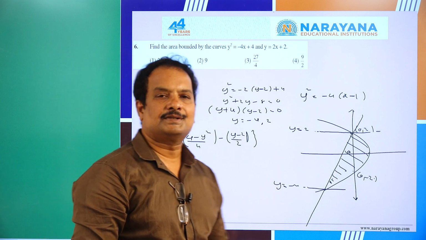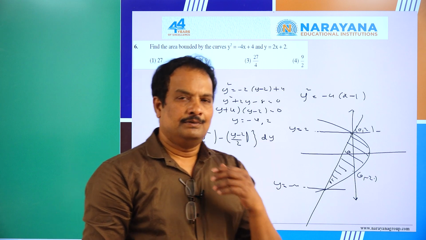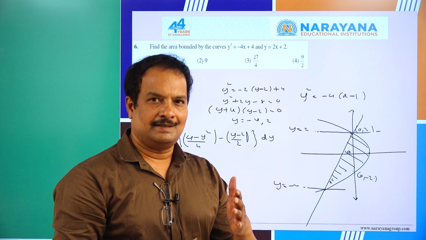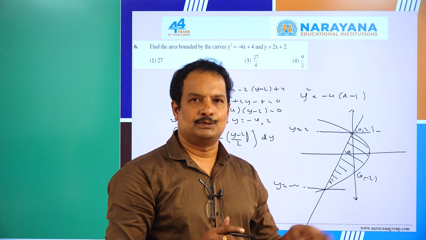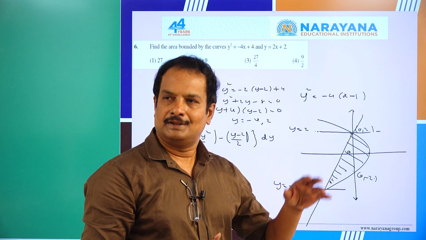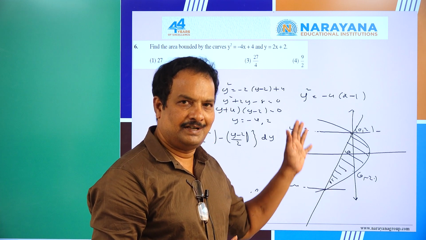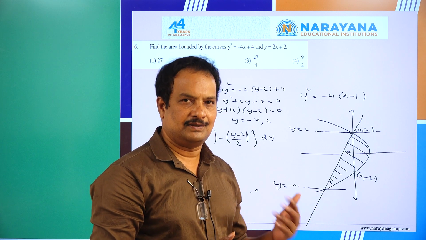So this is what you are supposed to apply with respect to y, of course, because I told you whenever the area bounded by the two curves is required, you are always supposed to consider the points of intersection of the two curves, and after that take the two lines through their points of intersection. If the entire area is lying between them, you take the horizontal lines only, from lower limit to upper limit, or if you take the vertical lines and the entire area is lying between them, you are supposed to integrate with respect to x.